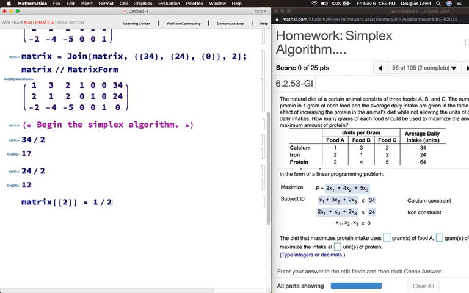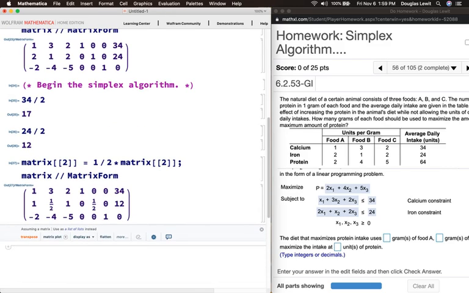I multiply by 1/2. So now I see that's a 1, but these numbers have to become 0. All right, and then my column is set to be in canonical form.